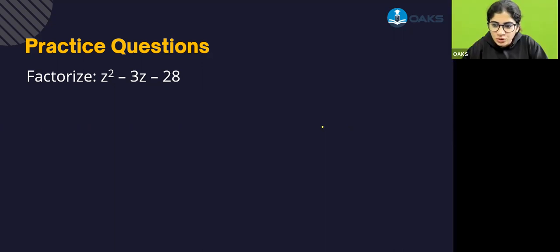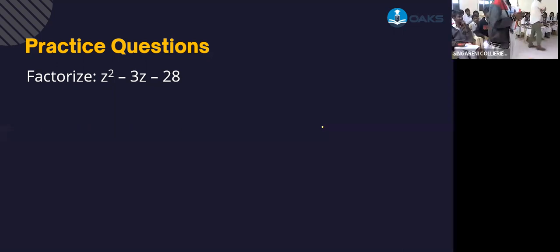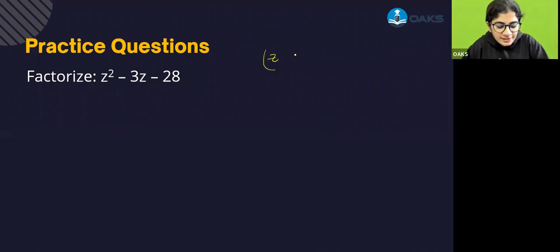Okay, Shrija, you can show me the notebook also, or you can tell me the answer also. Z, you are saying? I cannot hear you. You can write and tell, write and show me.